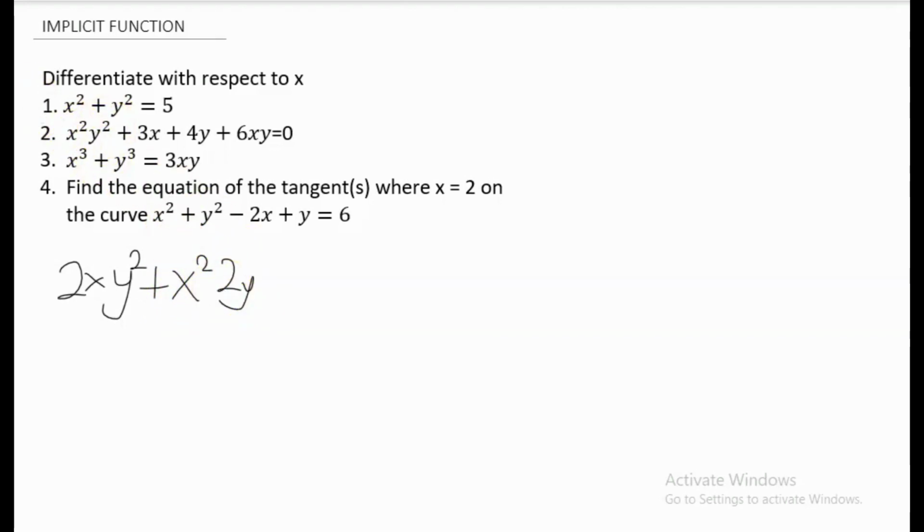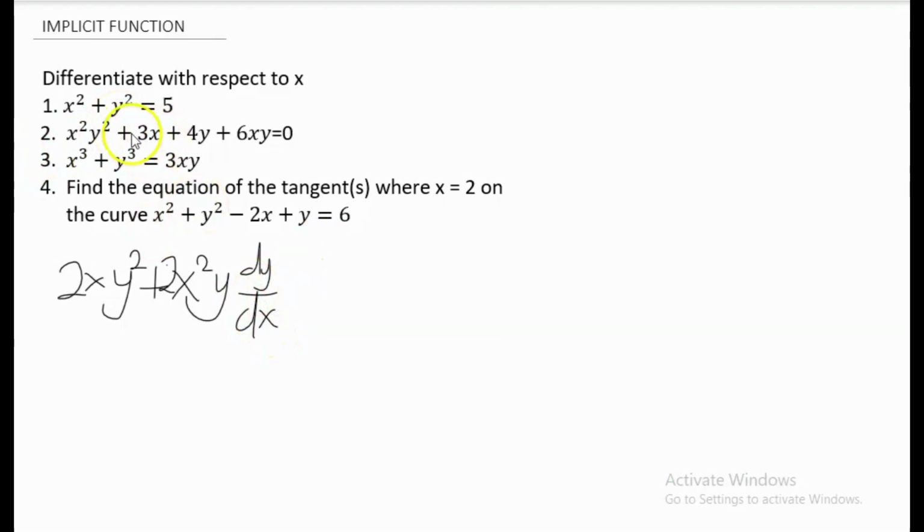But then we can change this and write 2x squared y. So that's how we solve this particular one. But remember, since it was with respect to y, we're going to write dy dx. I hope that makes sense.